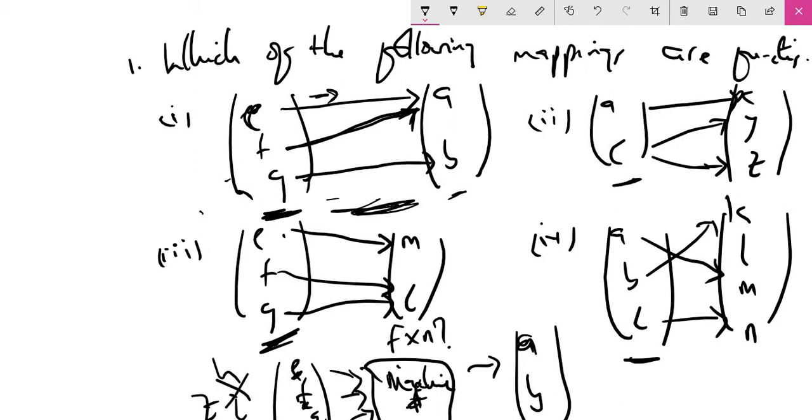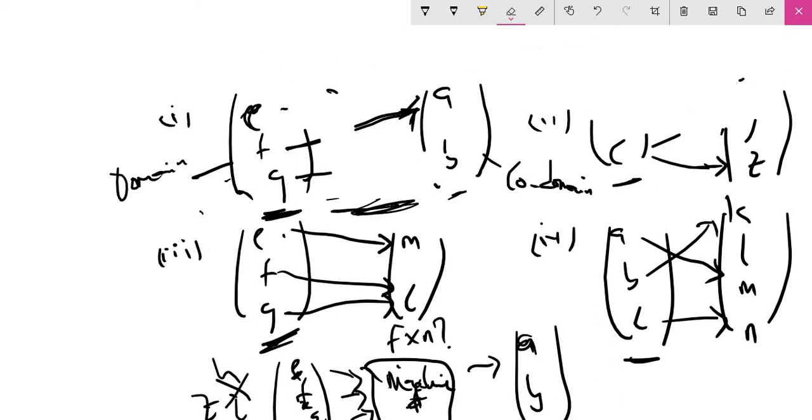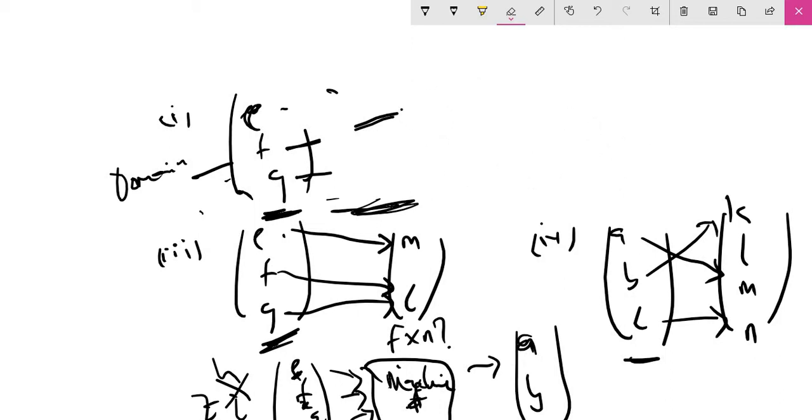So if this is called the domain, this is called the codomain. Okay, let me just briefly clean out this question and take us through these mapping terminologies.